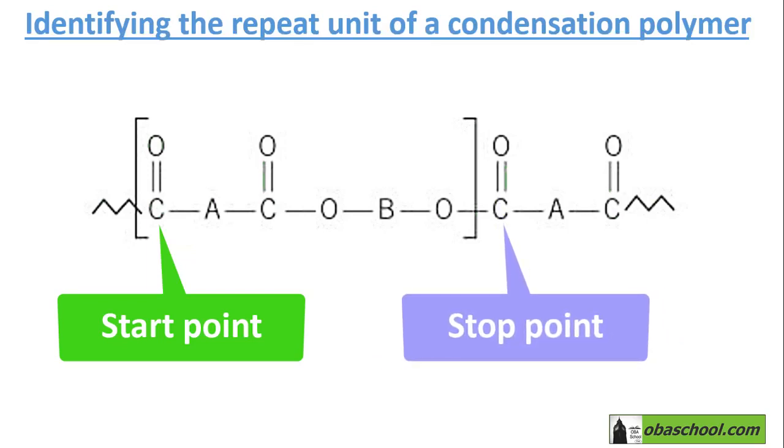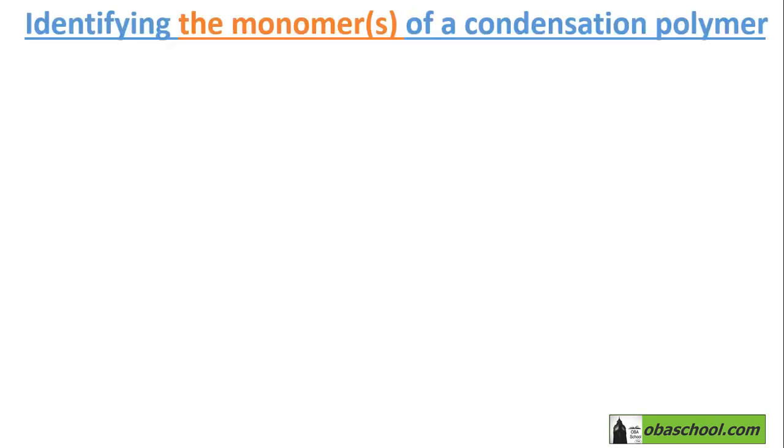As you can see here, the repeating unit is between those two square brackets, and it starts at C double bond O and ends where, after the square bracket, it starts again from C double bond O. So like that we can identify and locate our repeating unit.